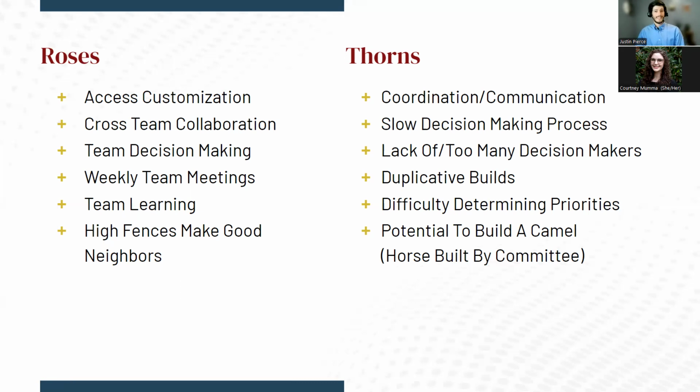On the flip side, sharing an instance forces coordination and communication. And if you have separate offices that aren't used to working together, to coordinating, to communicating, this can result in slow decision making. And if you're on a tight timeline, this can cause issues.